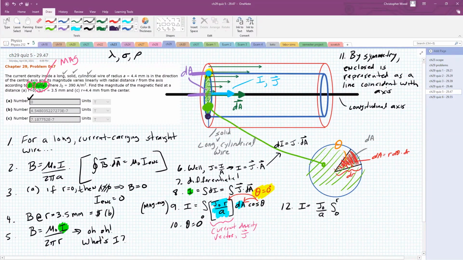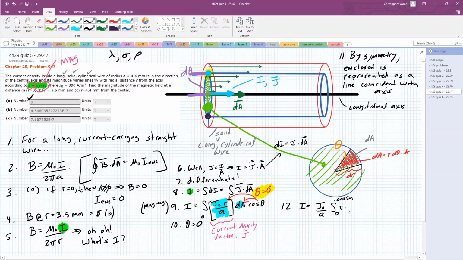I'll just leave it as, for part B, it's 3.5 millimeters, 0.0035 meters, times r, J naught times r over a. So I got J naught over a taken care of. J naught times r over little a times dA.